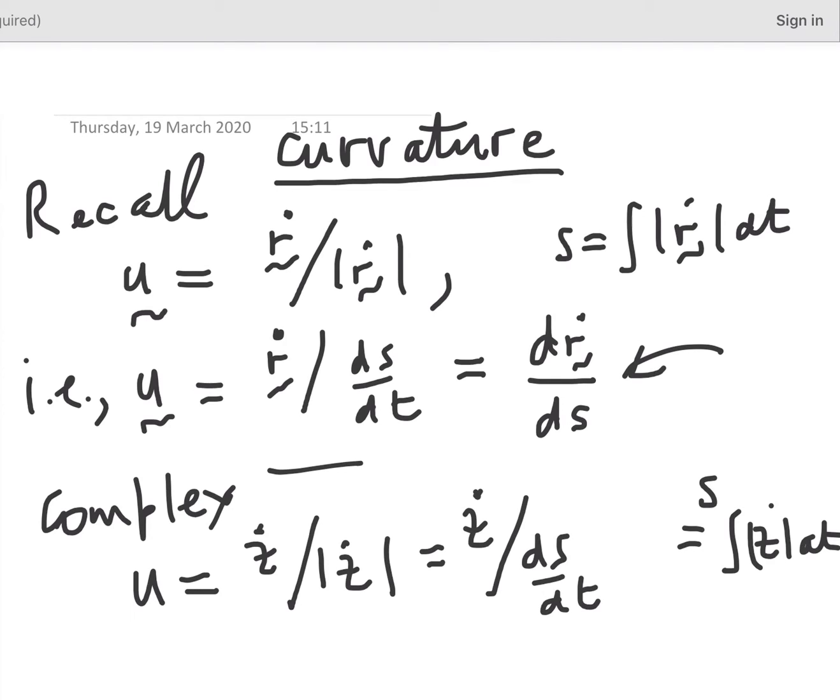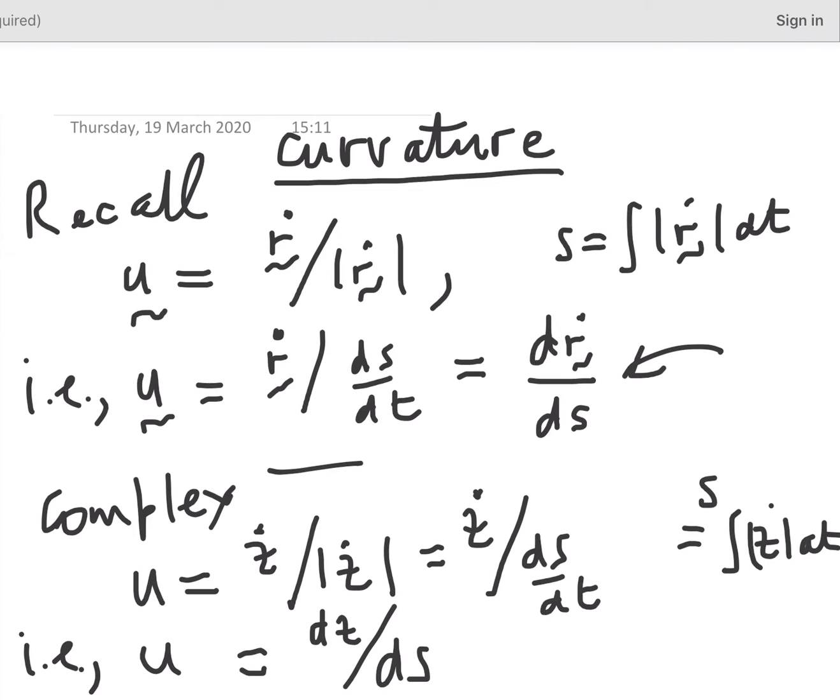So here u would be equivalent to the above, as z dot is dz dt divided by ds dt, which gives dz ds. So this is your unit tangent.